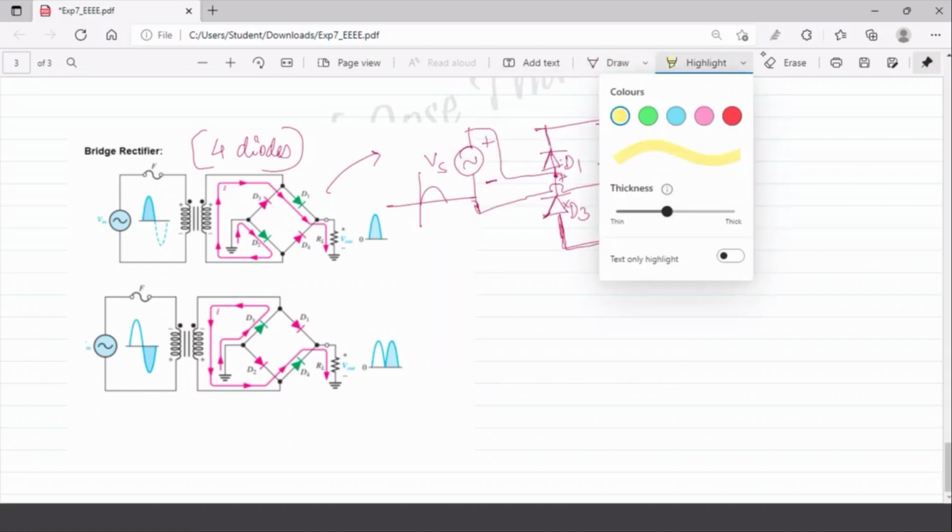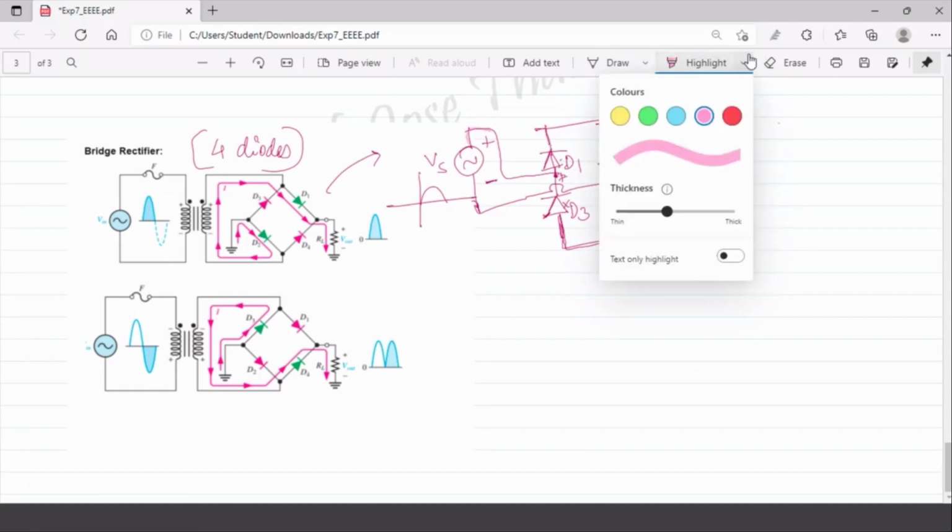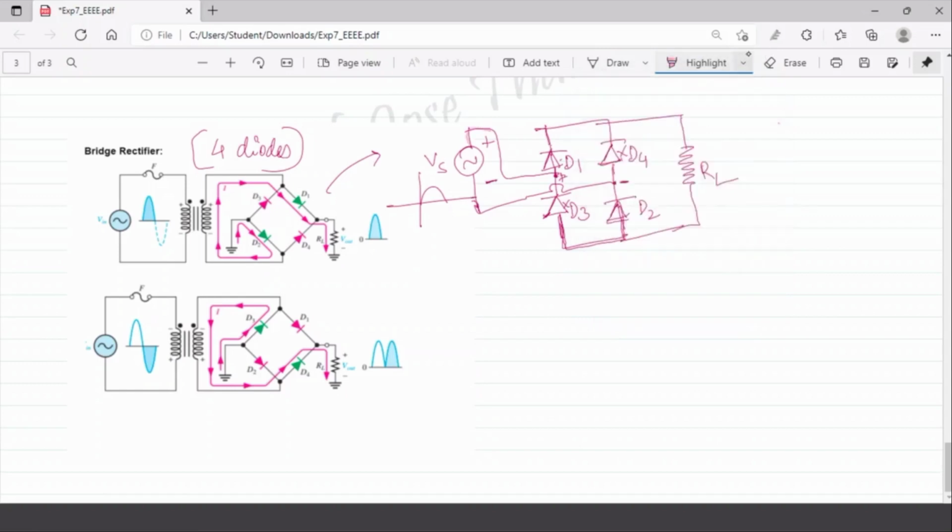If you want to highlight, let me use this color to highlight here. So the current path is like this.